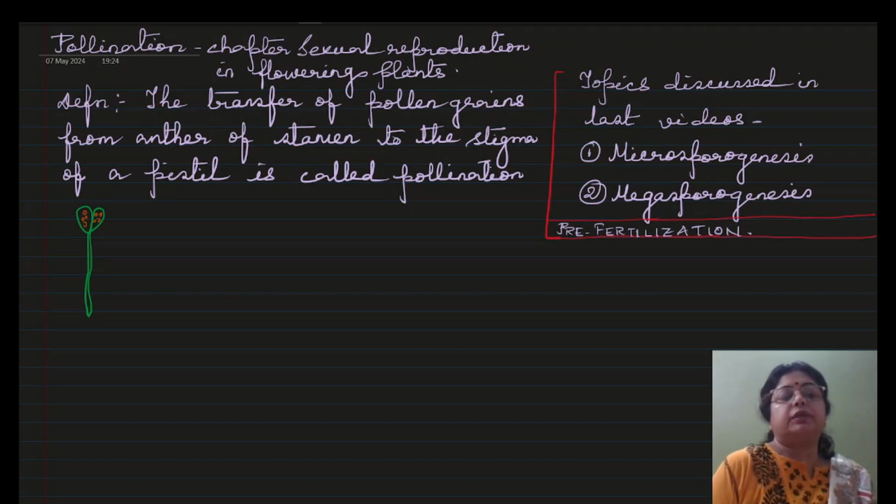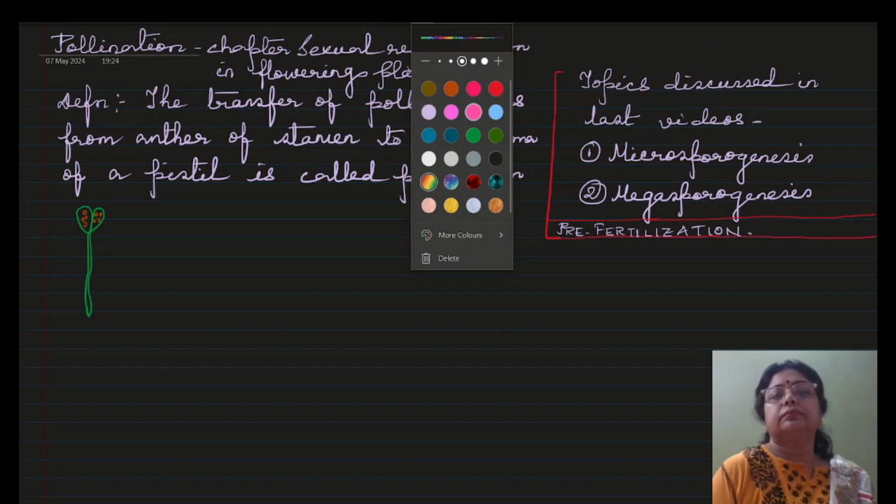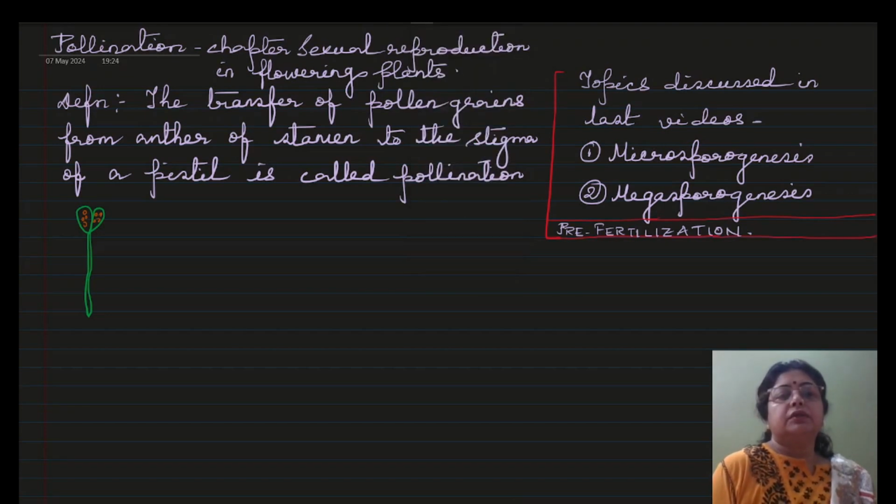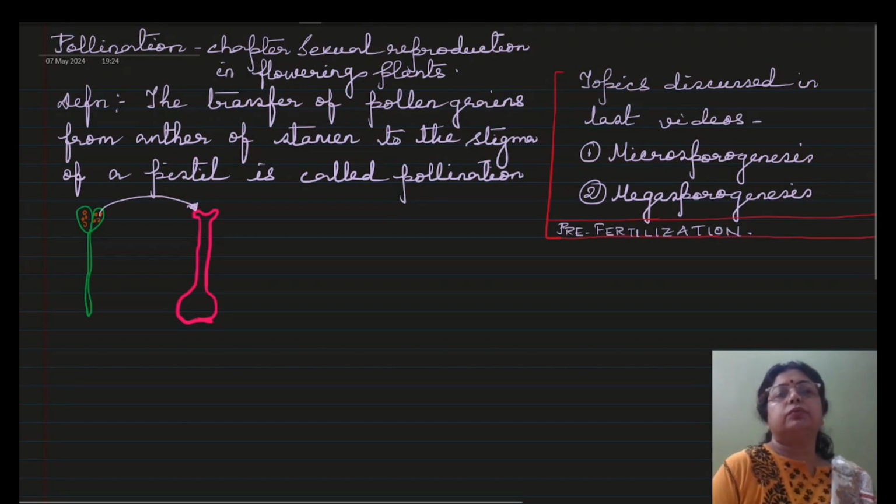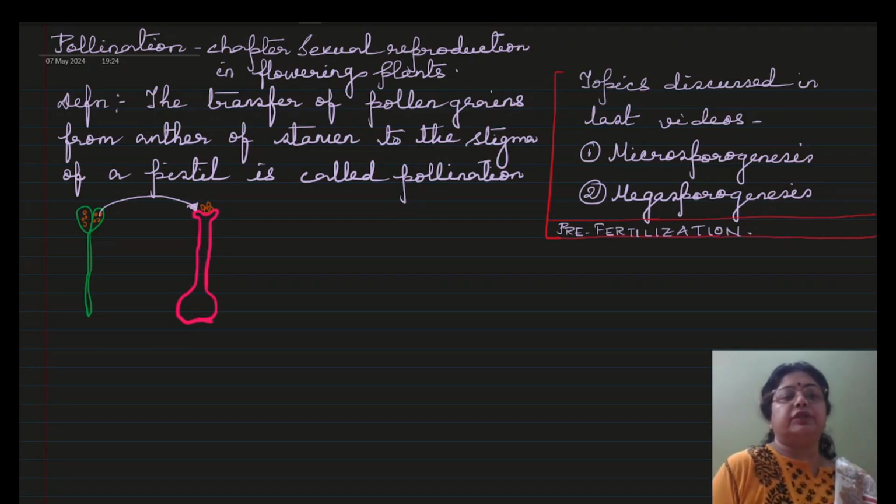And here I am drawing the stigma, style and ovary. So the transfer of the pollen grain to the stigma is called pollination.